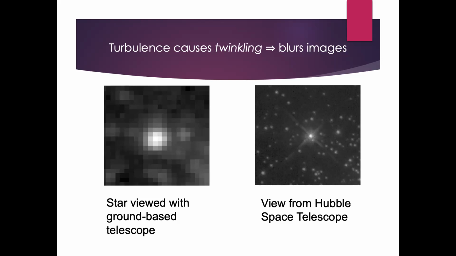So stars don't actually twinkle. That's just the result of Earth's atmosphere and the turbulence. Turbulence is like what you experience when you're flying in a plane and the plane starts to shake. It's because the atmosphere is not uniform. There is another issue with ground-based telescopes.